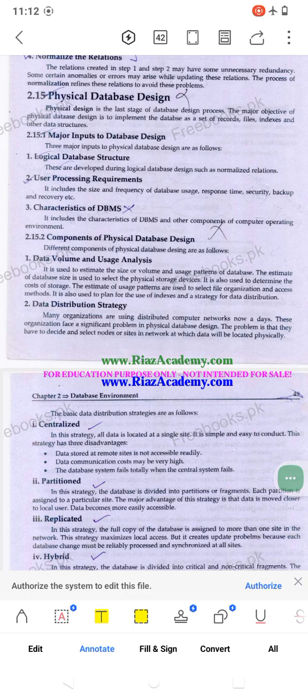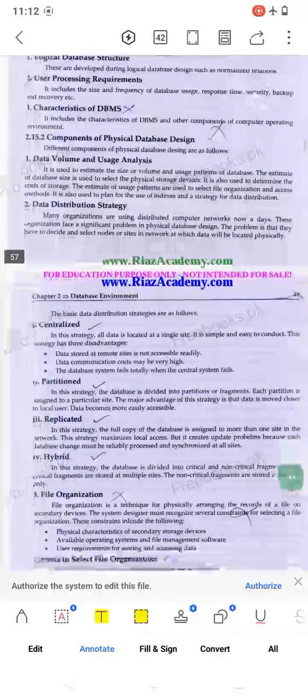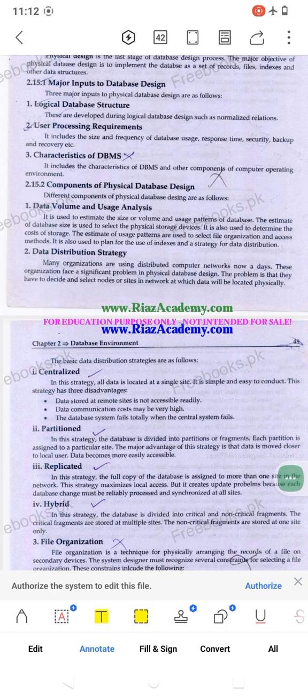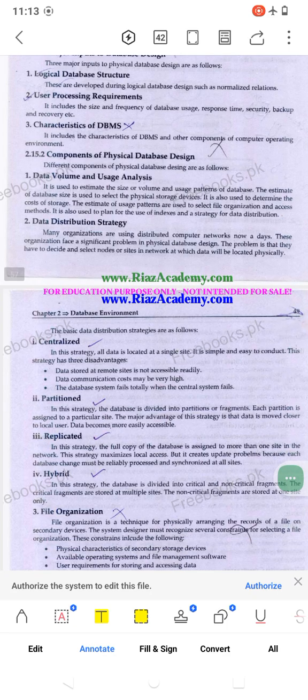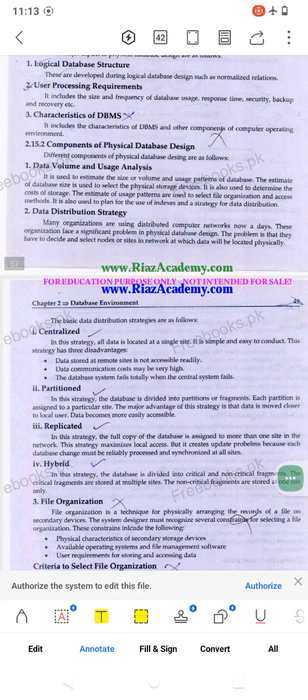What types of inputs are required? First, we need the logical database structure, user processing requirements, and characteristics of the DBMS. These are three inputs given to the physical database design process. I am leaving this topic because we already discussed the logical database structures, user processing queries, and characteristics of the DBMS. You can go through these topics in depth previously.